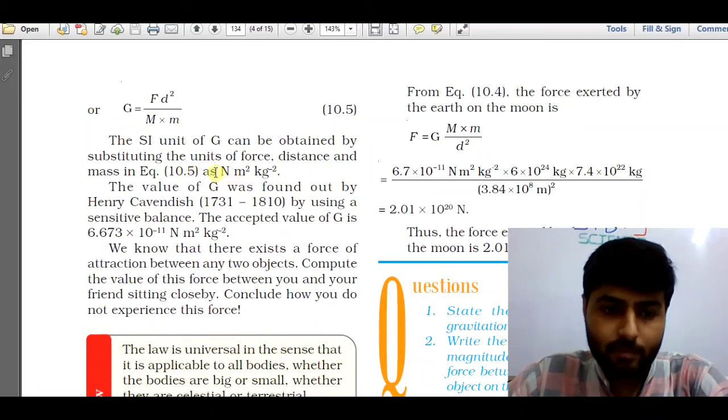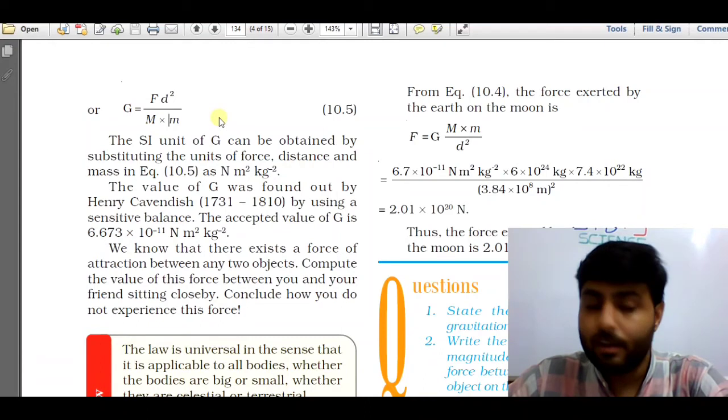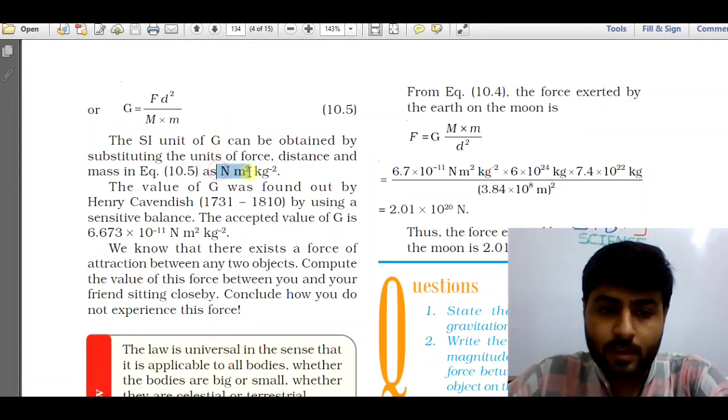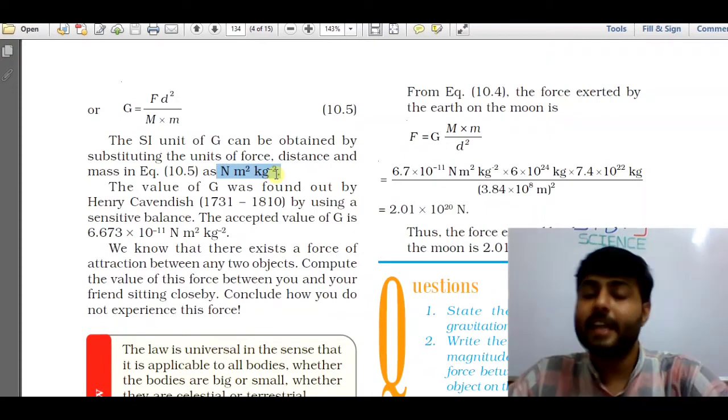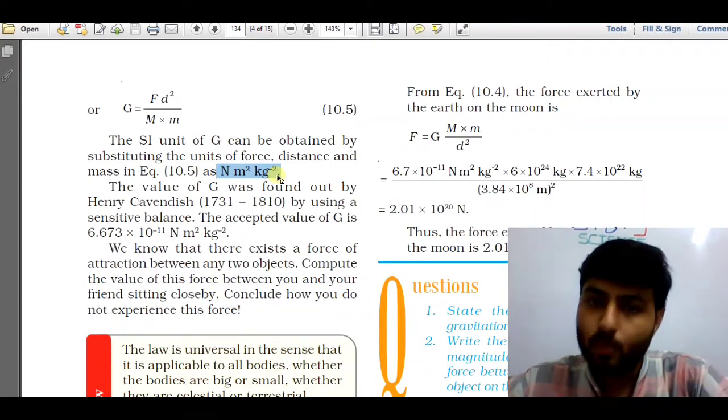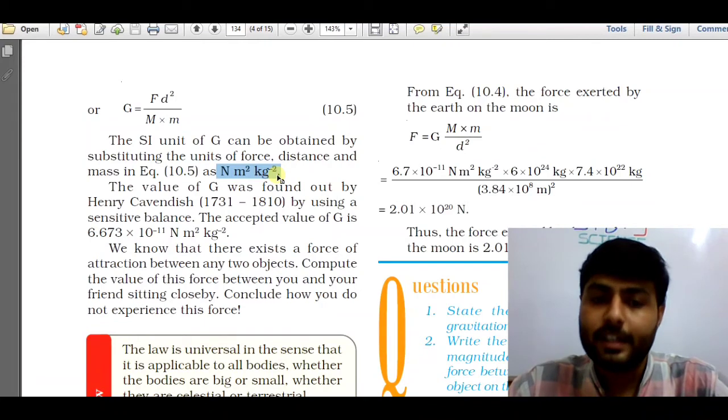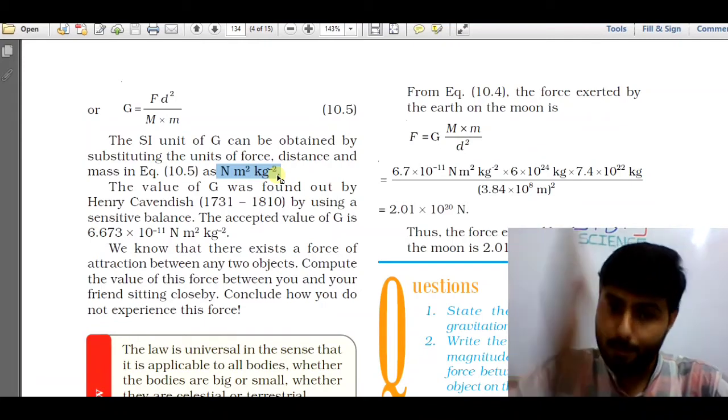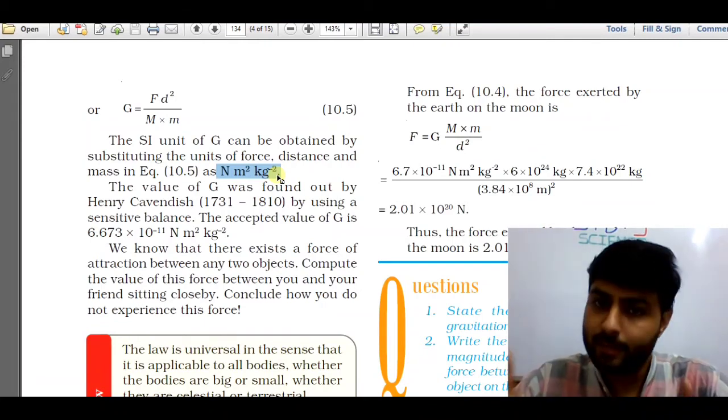So here we have the equation of G, that is 10.5, and the SI unit of G is Newton meter square kg raised to minus 2, or we can write it as Newton meter square per kg square.